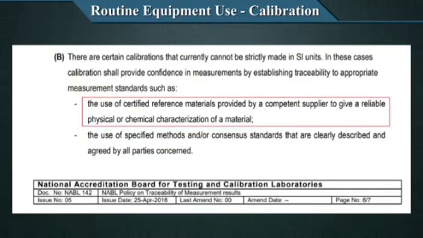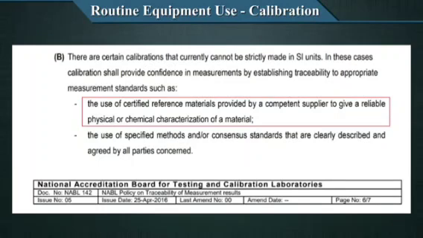In these cases, the laboratory is required to use some alternative mechanism to establish the traceability to an appropriate measurement standard. And the one material which is very commonly used is the quality control material. Such a process is called calibration verification.